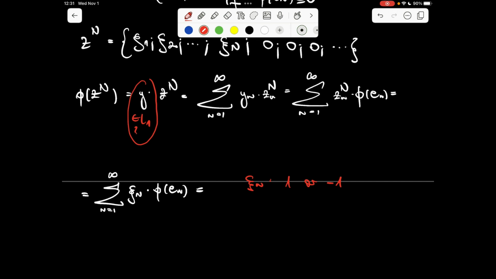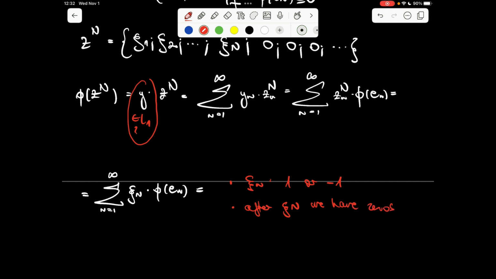This is the one fact we use, and we use the other fact that after n we have zeros.